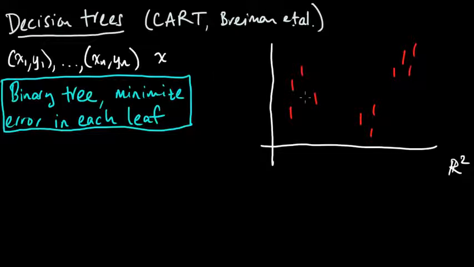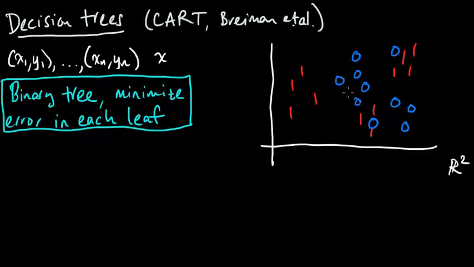And then we've also got, of course, another class. Maybe some zeros, some points which are labeled 0, something like that.